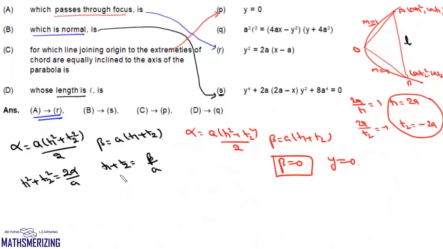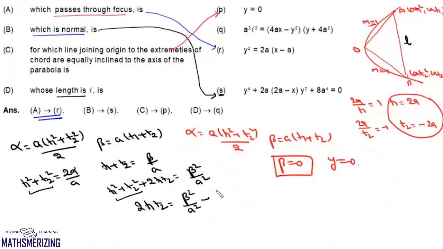Now we'll square it, we'll get t1 square plus t2 square plus 2 t1 t2 equal to beta square upon a square. Now we'll put the value of t1 square plus t2 square, then we can write 2 t1 t2 as beta square upon a square minus 2 alpha upon a.